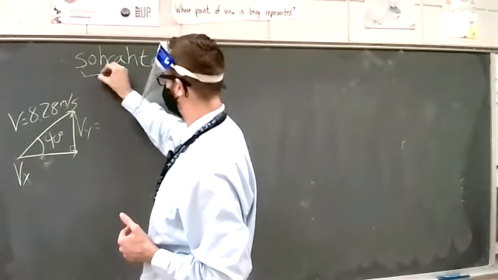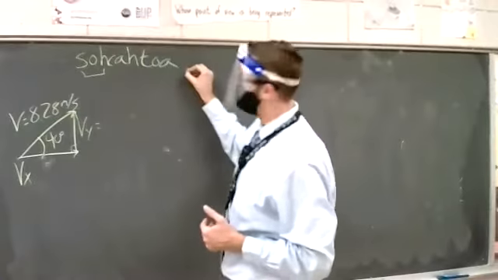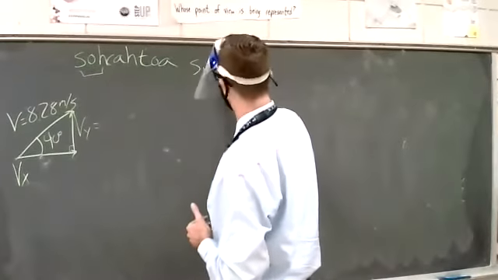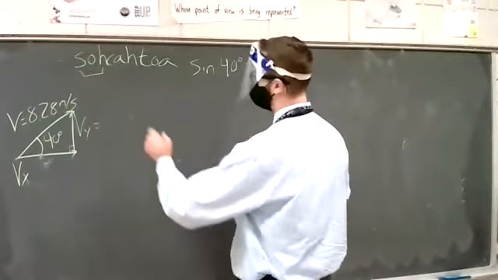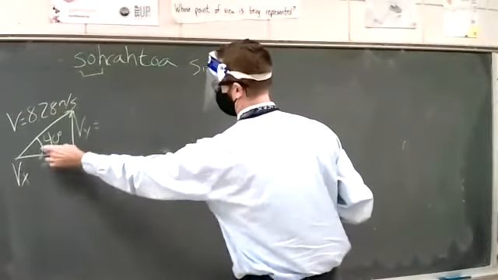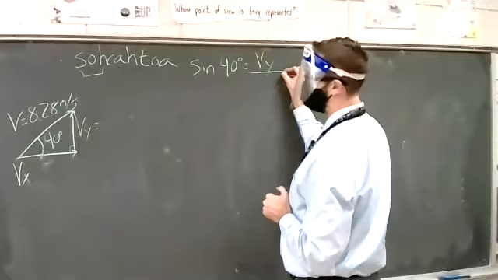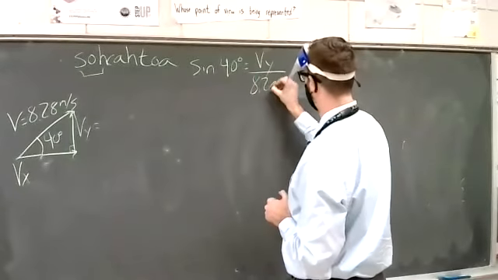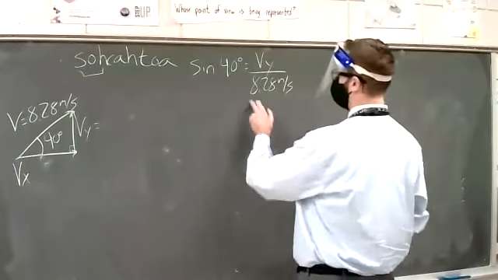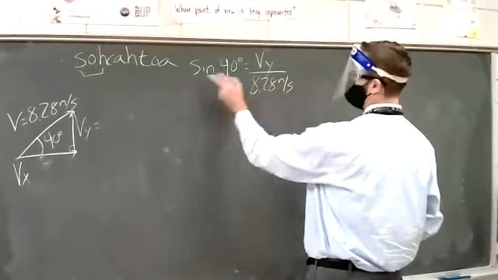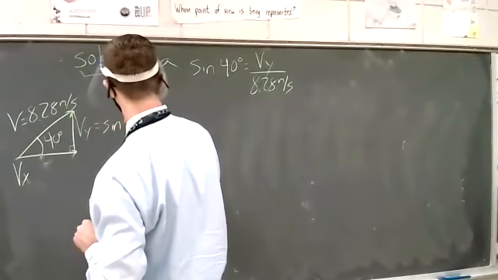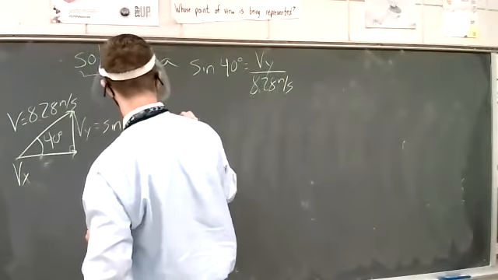So we take this piece and say the sine of my angle, 40 degrees, is equal to the ratio of the opposite over the hypotenuse. The side opposite is my y component of velocity, and the hypotenuse is 8.28 meters per second. Multiply both sides by 8.28 meters per second, and I can see that the y component is the sine of 40 degrees times 8.28.